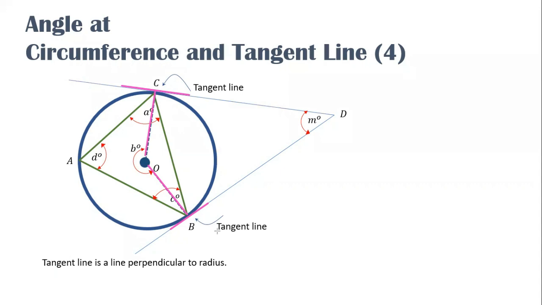So when we find the tangent point, it means we will find the tangent line, which means there is 90 degrees. So at point B, there is a 90 degree angle, and also at point C we will find 90 degrees. Is it clear to you? Very good.